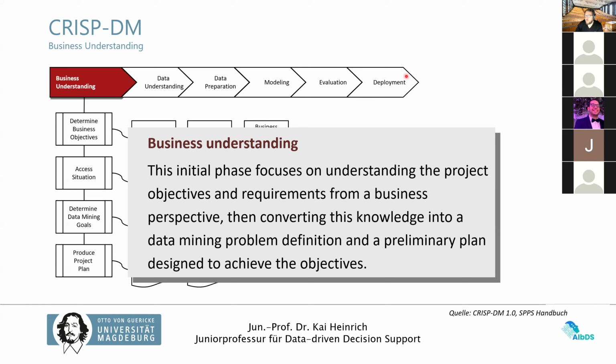We can follow the structure until the end of the semester. We'll start with business understanding and go through it quickly. The texts I have here are kind of the original definitions from the CRISP-DM process. It's from SPSS, you might have heard.